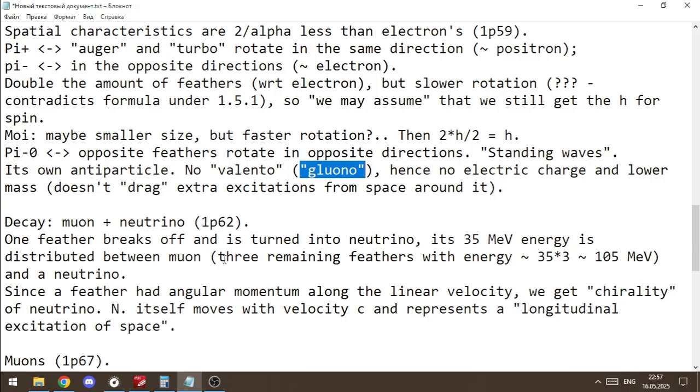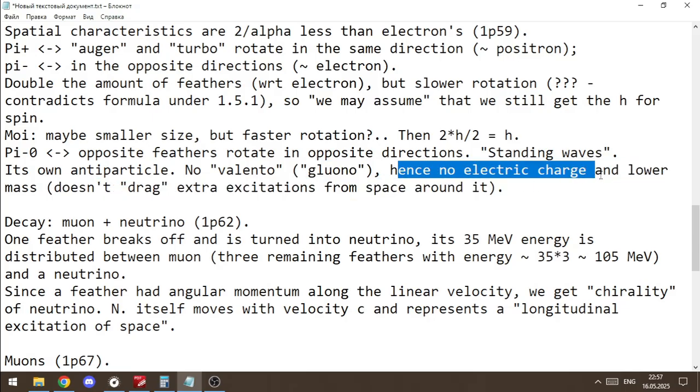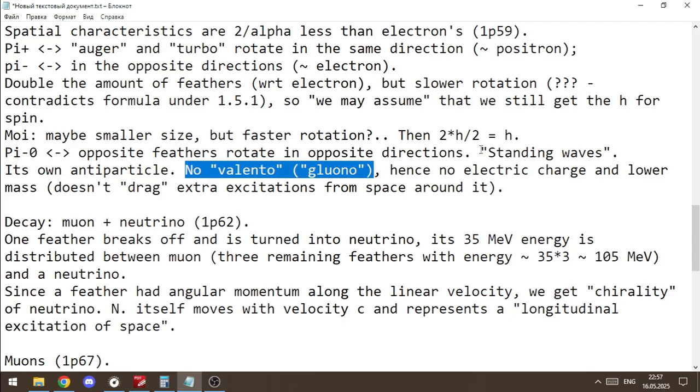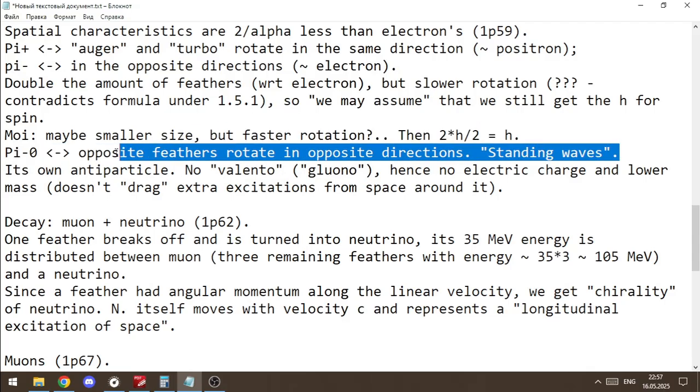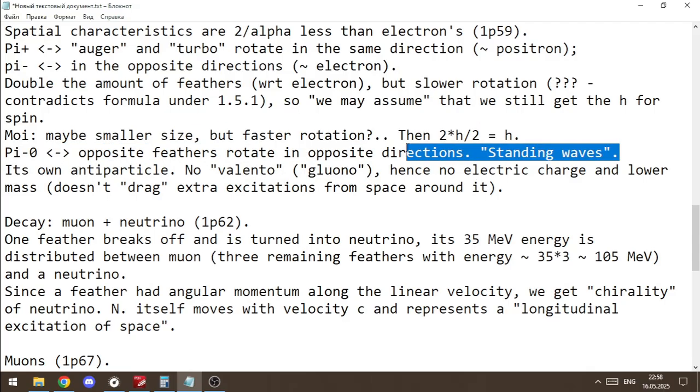And thus, we say there is no electric charge, right? So why no valento is because it's kind of locked onto itself, right? Like it's standing waves. They don't, you know, how do you say it? Creep into the nearby space. They're completely locked. All right.